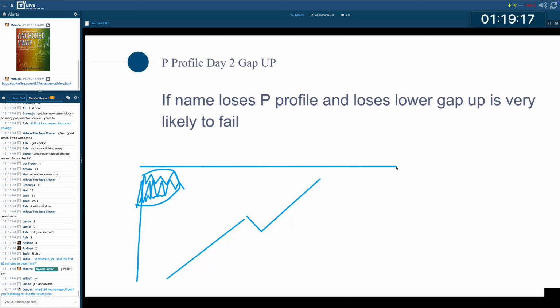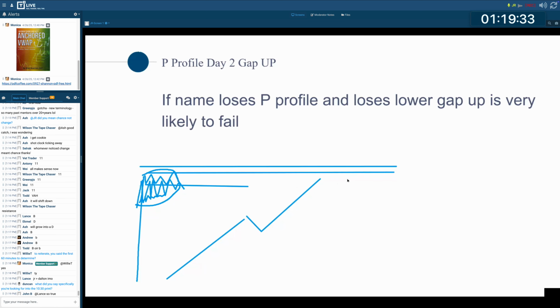If you have a gap up the next day, and you rotate into the prior value area low, value area high, or point of control, so this is your VAH and POC, if you lose the point of control early on in the day, that gap and go is probably a no-go.